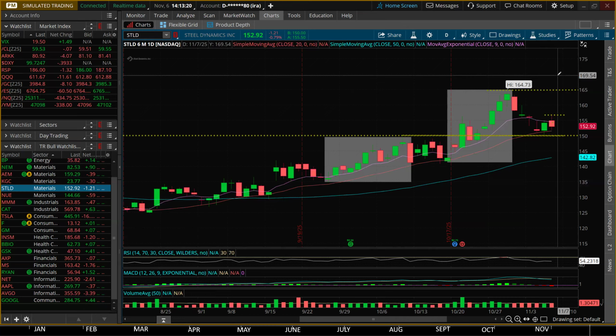Secondary target is 168.50. We are targeting 164 by 168.50. That's the targeting mechanism. Now, does that make sense now that you see me kind of draw it?